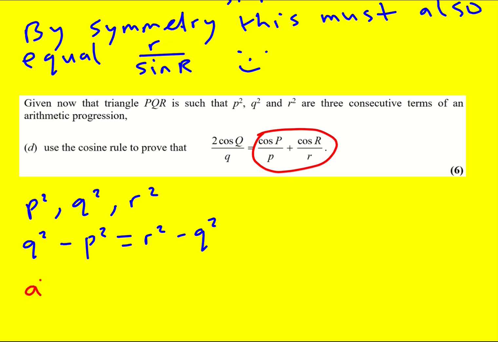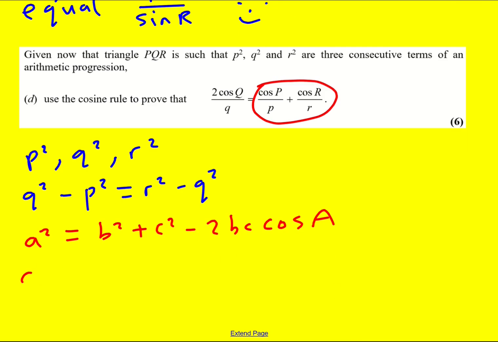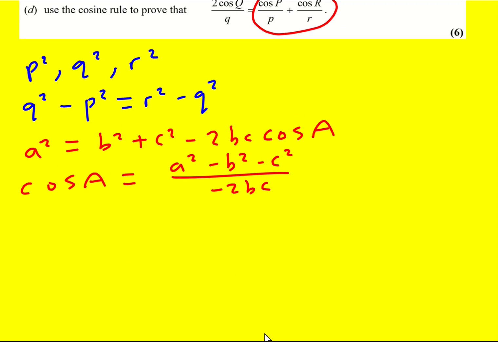So the cosine rule is a squared equals b squared plus c squared minus 2bc cos A. Let's rearrange that to make cos A the subject. So that involves doing a squared minus b squared minus c squared all over minus 2bc. To get rid of that minus, we can just swap the signs around up here.